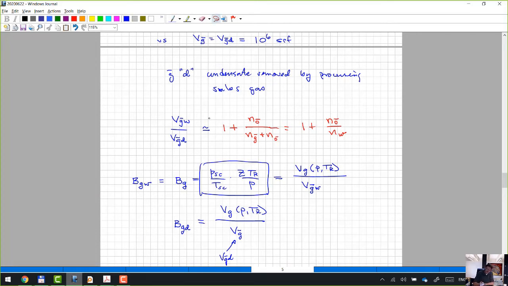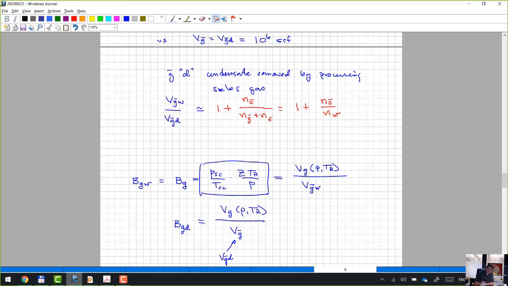This should have been equal to NG plus NO over NG, which is equal to 1 plus NO over NG.